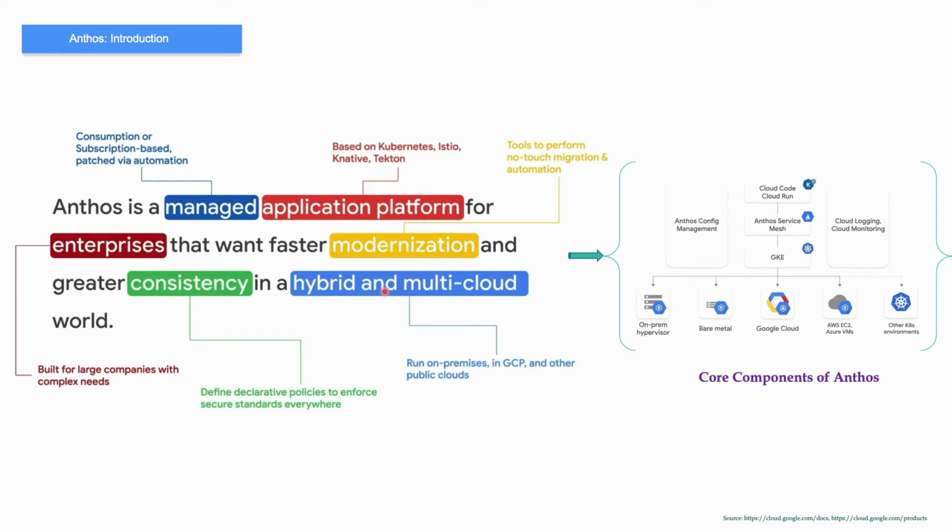And then in a hybrid and multi-cloud world, you can run your application on premises, in GCP, or any other public cloud, depending upon what stage of cloud adoption you are at, depending upon your regulatory and compliance requirements, depending upon whether you use cloud for proof of concept and you want to deploy it back into your on-premises, to cater to all of these kinds of execution environment requirements.